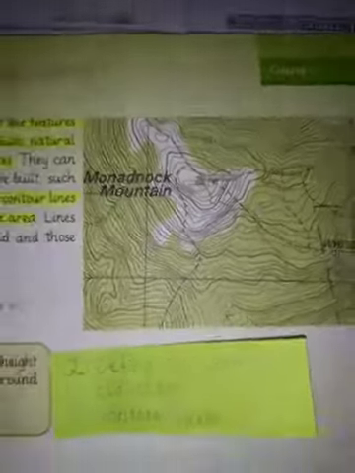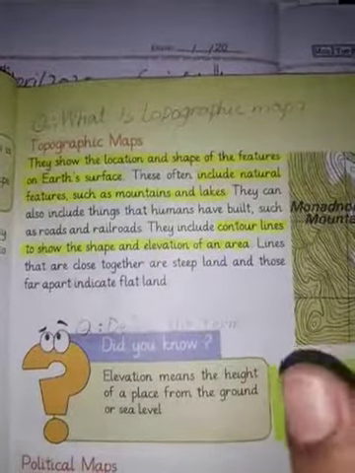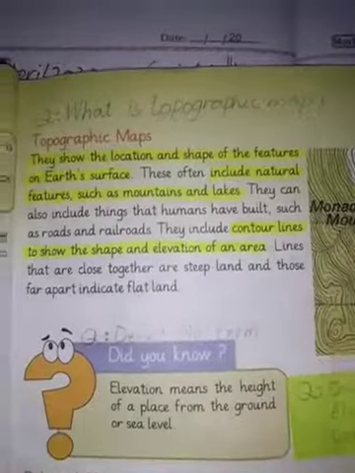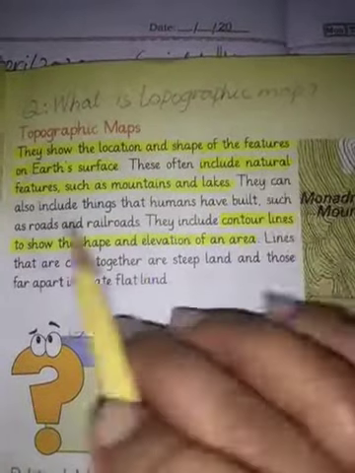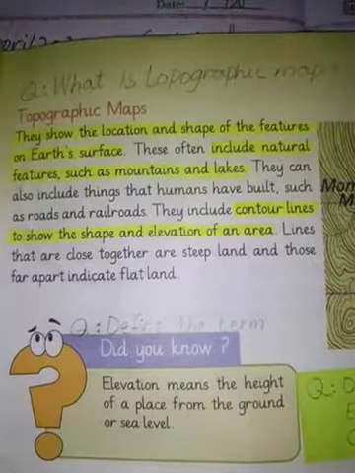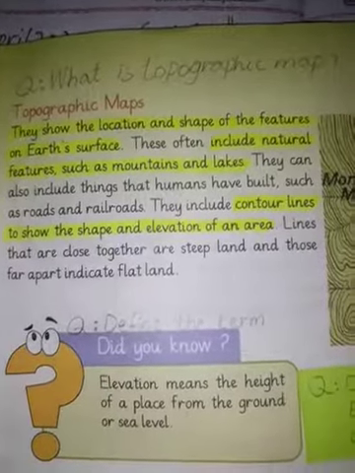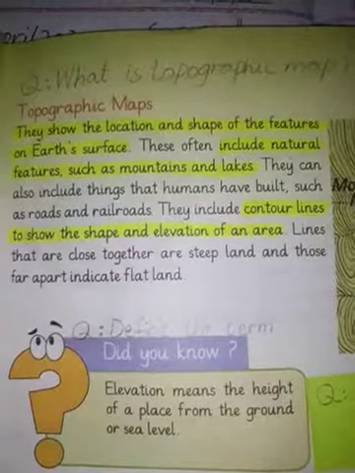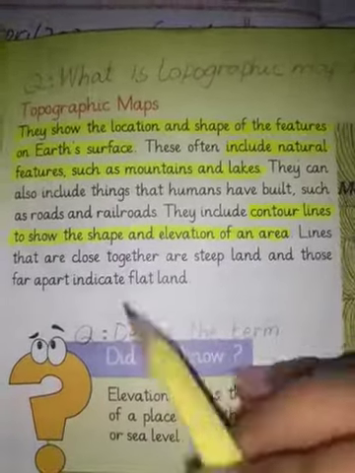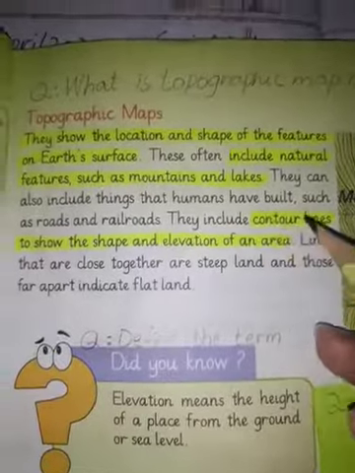So now let's read out some of the information which is given in our textbook. Topographic map. These kinds of maps show the location and shape of the features of Earth's surface, and these include natural features such as mountains and lakes. As I told you, these kinds of maps actually give us information about the lakes, valleys, hills, mountains, and they can also include things that humans have built.